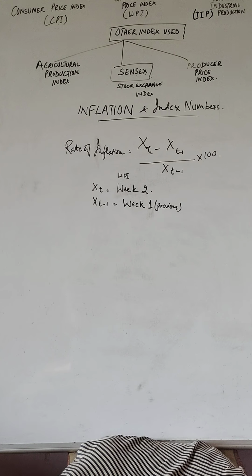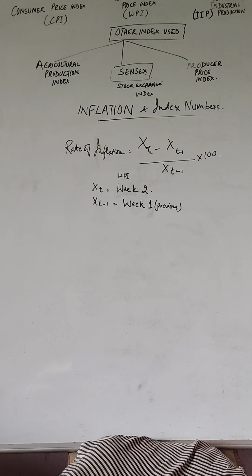For example, if the wholesale price index rises by 100%, then what will happen to the value of money? It reduces by half. Obviously, double the price level, we have half the purchasing power of a rupee. Especially if the money income of the people remains constant, suppose there's a 10% increase in price level, what does it indicate?